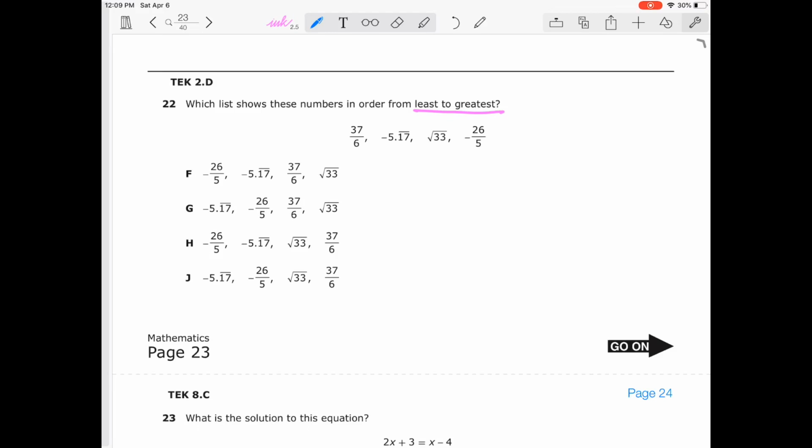So again, we're going to convert all these to decimals. So 37 divided by 6 gives me 6.16. I've got a negative, so I don't need to convert that one.